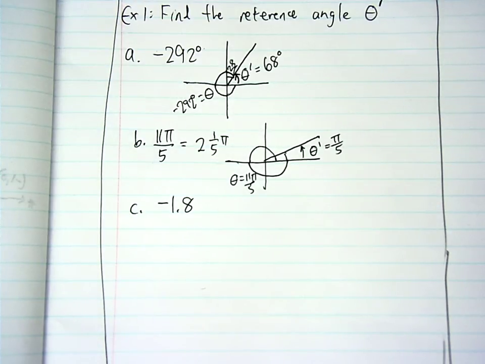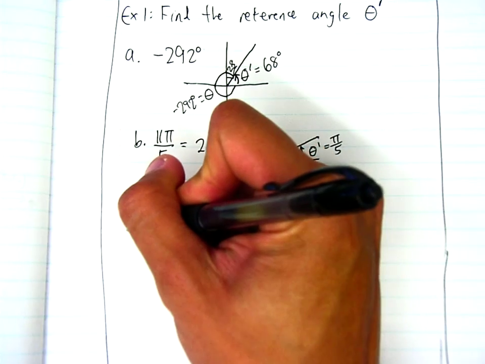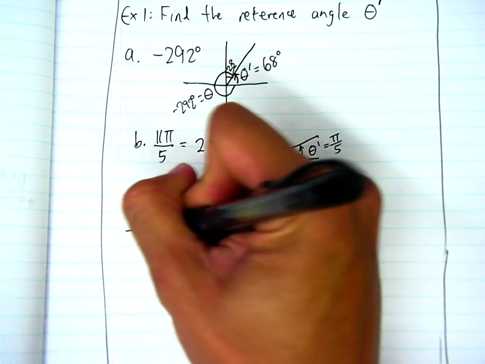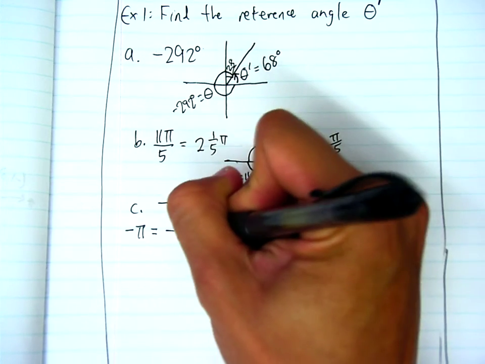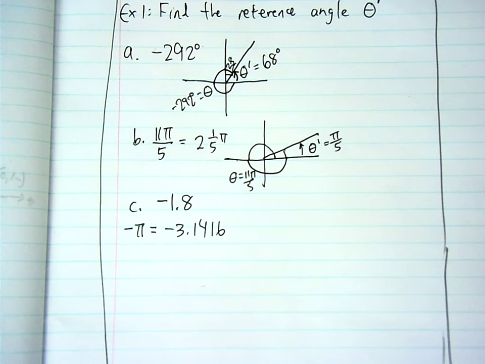Well, if I went negative pi, let's start there. Negative pi is equal to negative 3.1416.